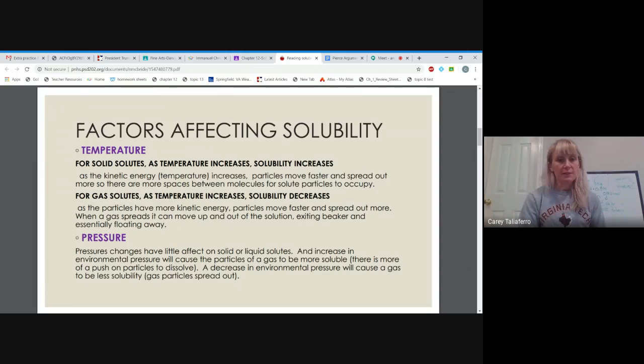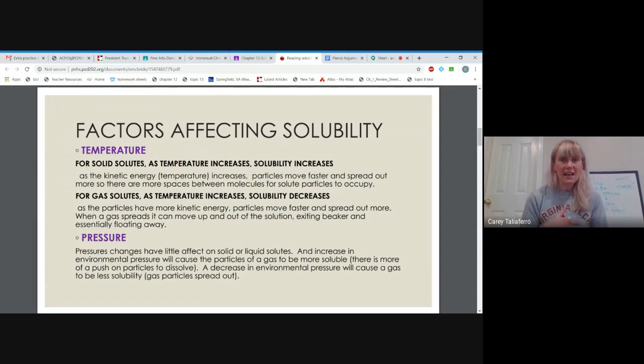Okay, that's for solids, but for gases, it's the opposite. For gas solutes, like carbon dioxide into water, for example, to make your soda or sparkling water, as temperature increases, the solubility decreases. That's why you don't want to drink a hot soda. Or if you leave a soda on the table and you walk away, you forget about it, and you come back and it tastes that idea of a flat soda, that's because, kind of for the same reason, those particles move faster and faster, including those gaseous particles, and they start popping out of your solution and just head up into the air around you.